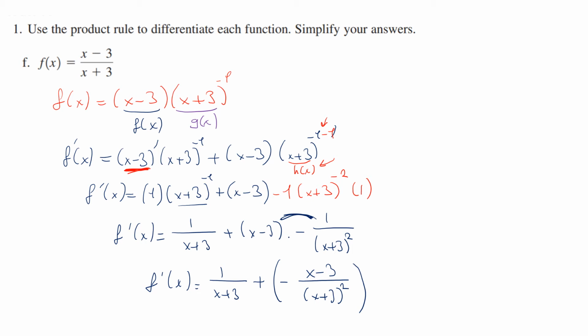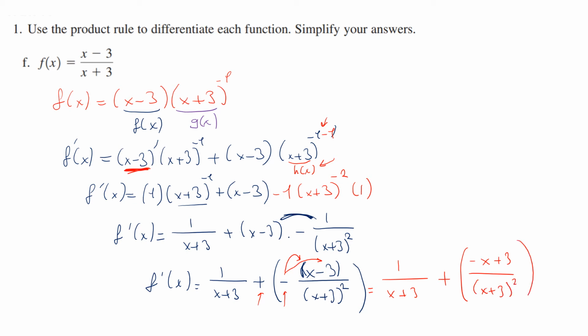So from here, what I can do is I can add them together. So also remember this is in brackets, okay? If you guys are confused about this, the plus and this negative go over here with these. So what happens is I end up with 1 over x plus 3, and then I will end up with plus, I'll just put it in brackets, negative x and a plus 3 when I do that, and x plus 3 to the power of 2.